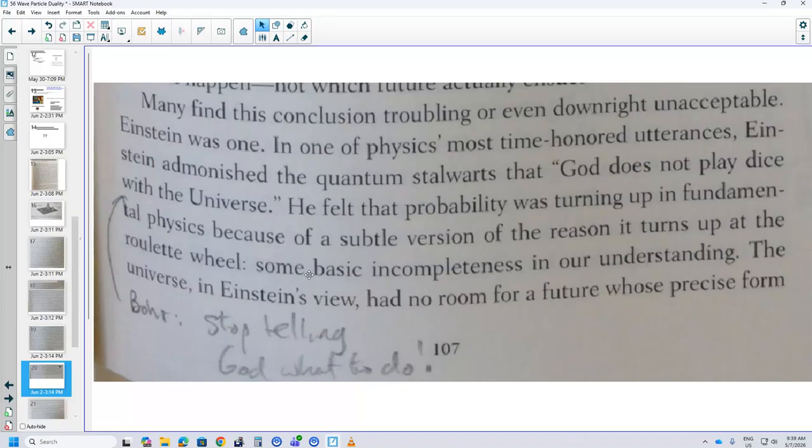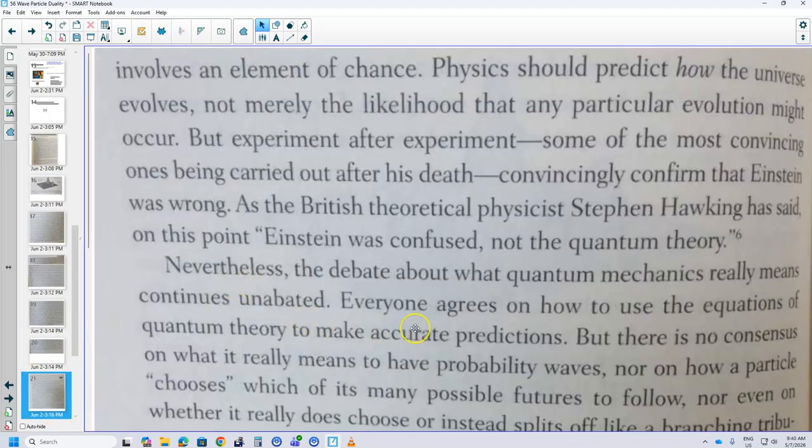He felt that probability was turning up in fundamental physics because of a subtle version of the reason it turns up at the roulette table, some basic incompleteness in our understanding of the universe and so on. Einstein's view had no room for a future whose precise form involves the element of chance. Physics should predict how the universe evolves, but not merely the likelihood that any particular evolution might occur.